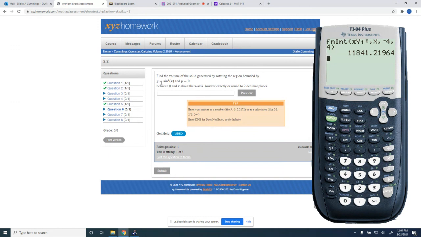We're given the function y is equal to sine squared x and y is equal to 0 between 0 and pi about the x-axis. So here we're given the function that's expressed in terms of x. We're also given the limits of integration on the x-axis. So here again, we're going to use the disk method.